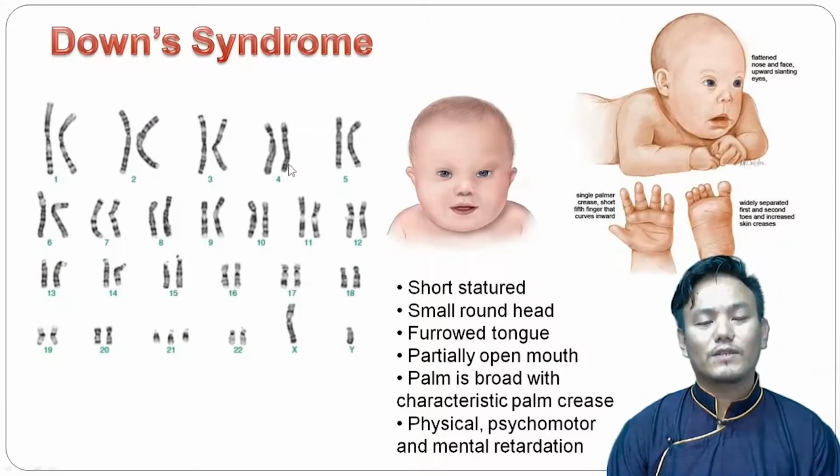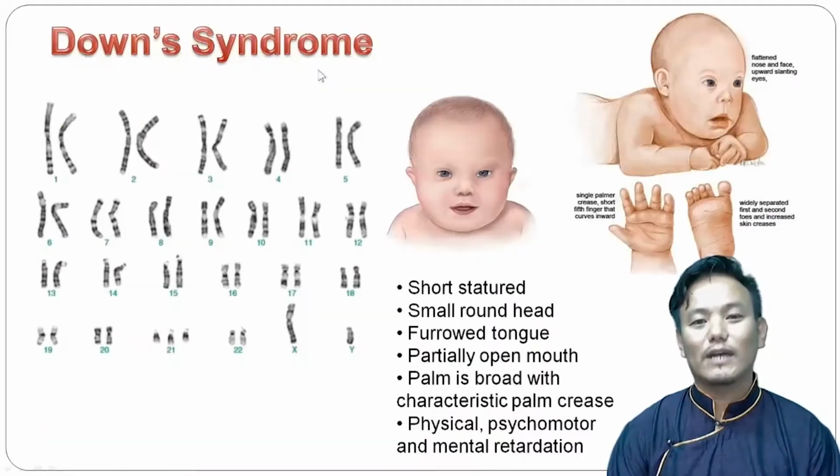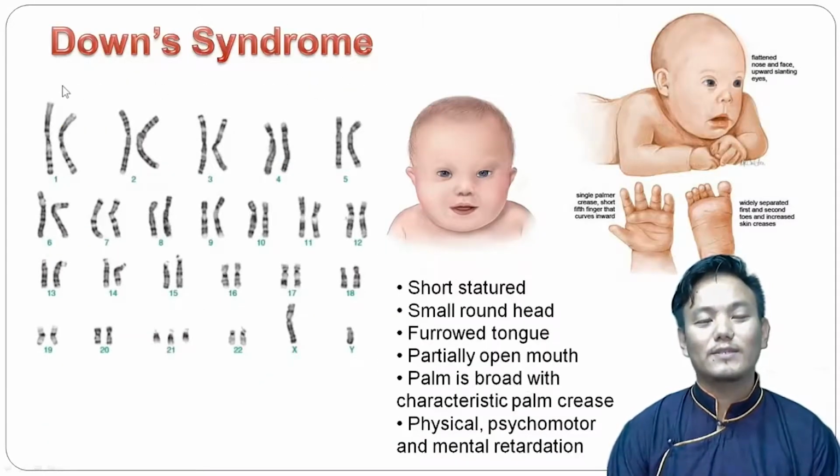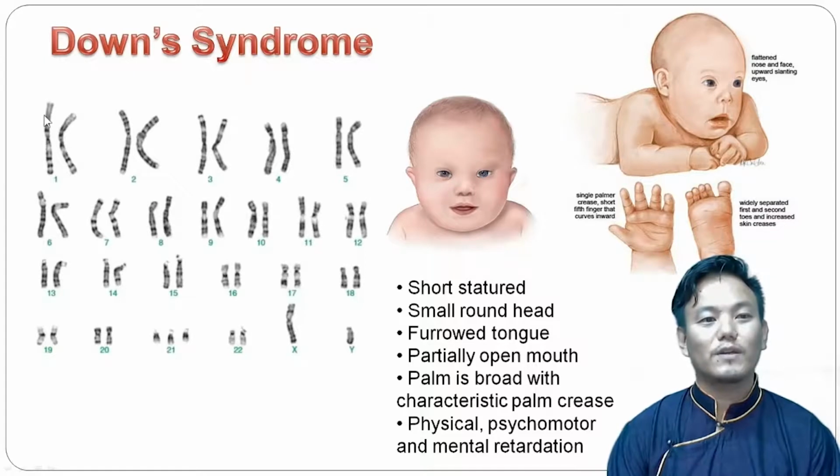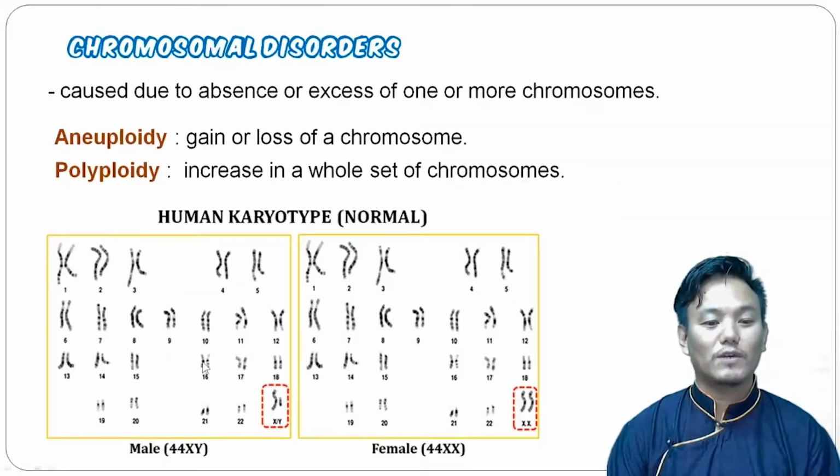Now, the first example for chromosomal disorder is Down syndrome, and this is also called trisomy 21. If you look at the karyotype over here, this is a karyotype of a person suffering from Down syndrome. You have to remember the normal karyotype: there is a pair of chromosomes on all the numbers, all 22 in pairs, and the last one is the pair of sex chromosomes.